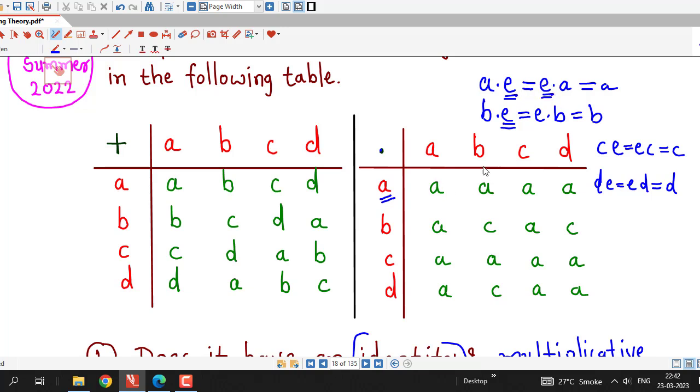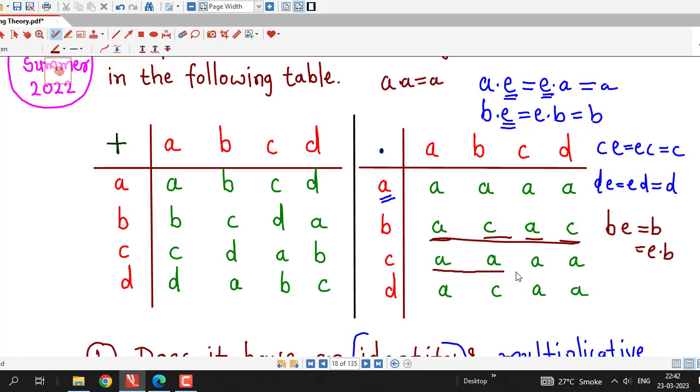So here we can see for element A, if we consider A into A, then we obtain A. And for B, we are not getting B written. There is no element in this ring such that B into E equal to B equal to E into B. We are not getting B here in this line.